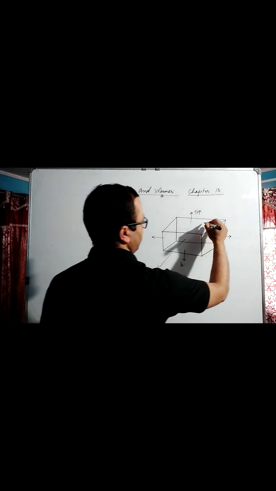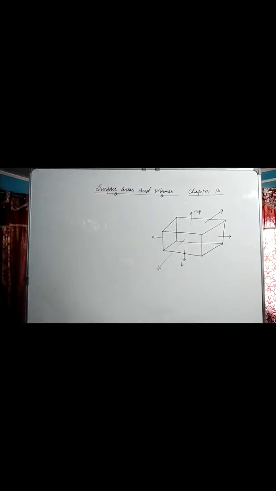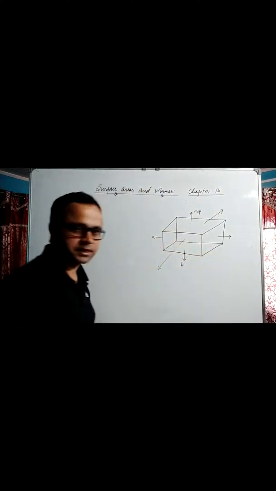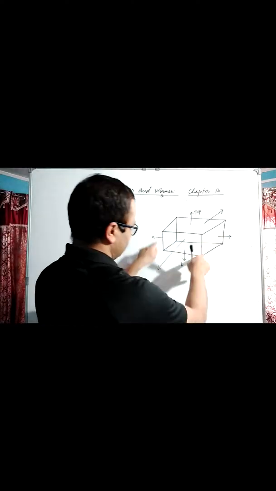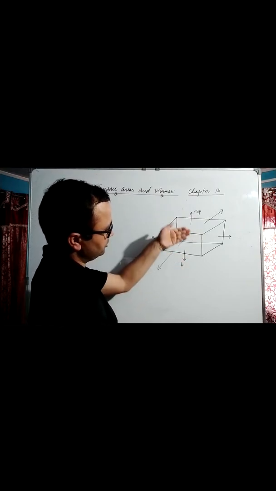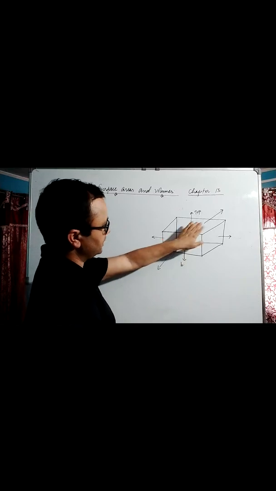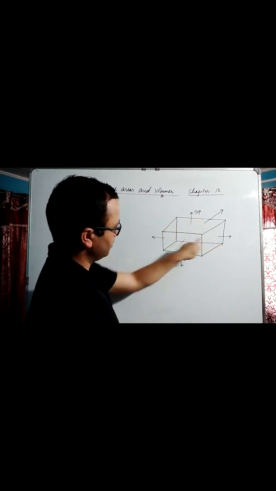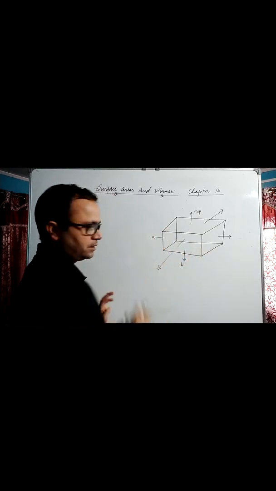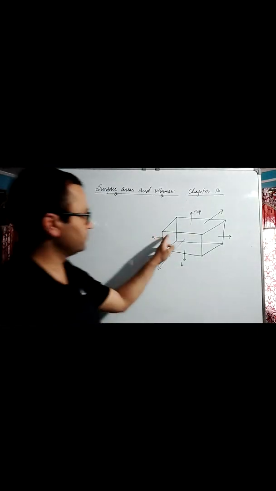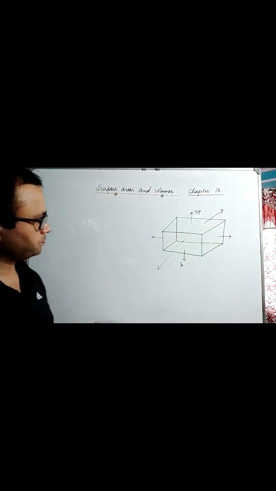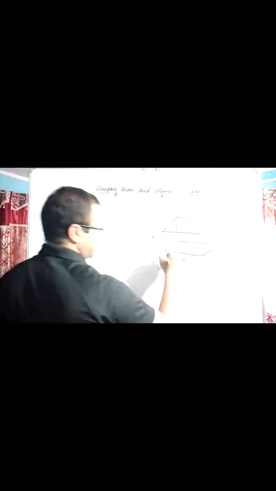Front face and back face are equal. The shape of each face is a rectangle. So opposite faces are the same, and each face is a rectangle.